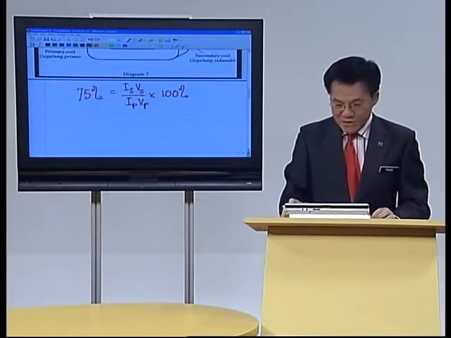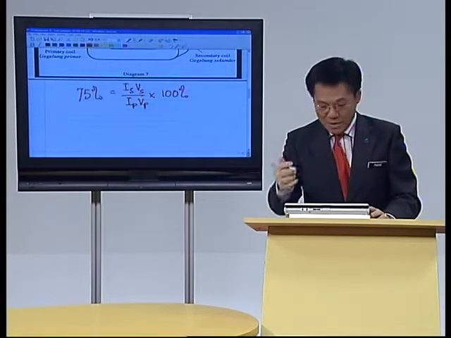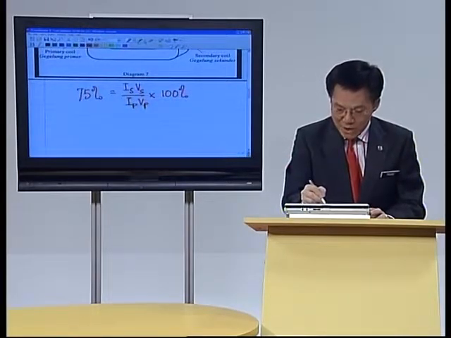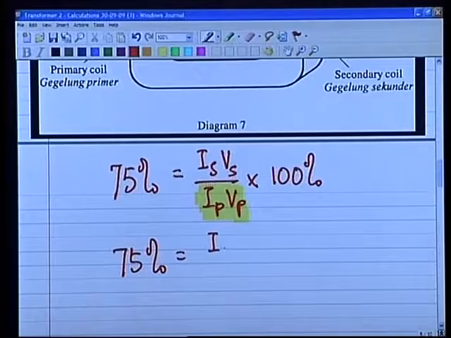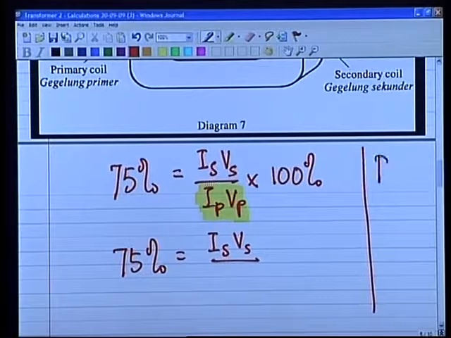Now what I have to do now is, I want to calculate the power output. Which is the power output? This one. What I'm going to do now is, I will write the equation again. I will change one thing at one time. IPVP is actually, IV is power. P equals to IV. So, remember that generally speaking, power equals to IV.